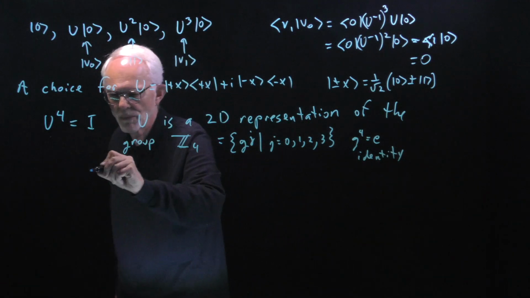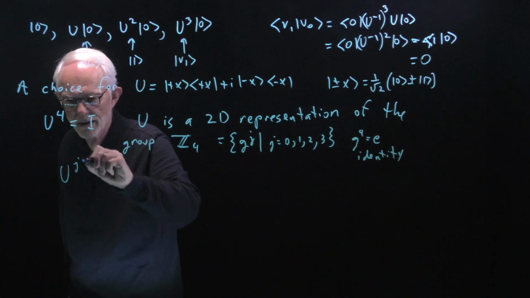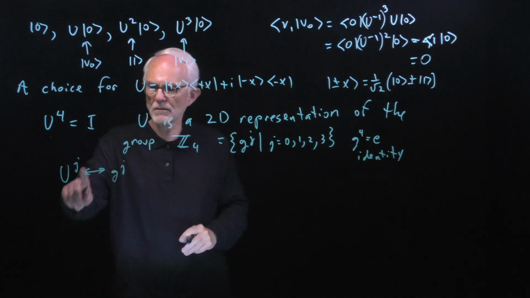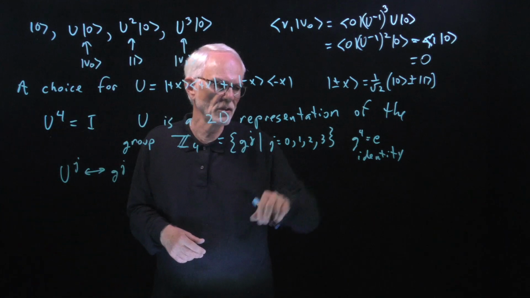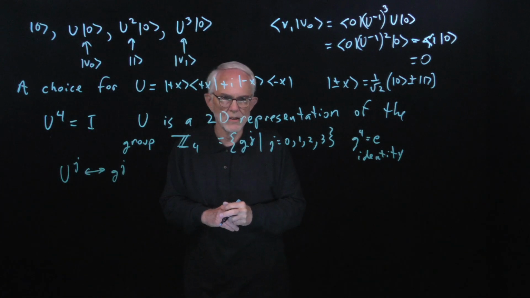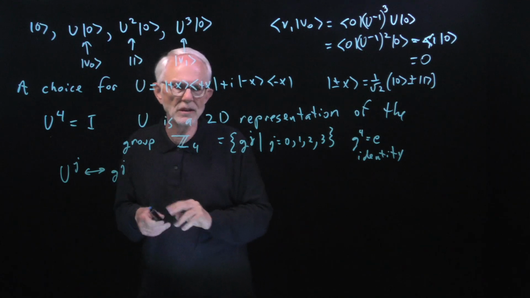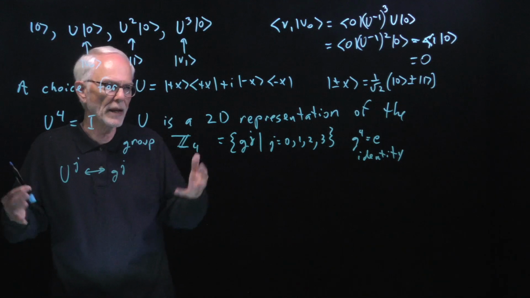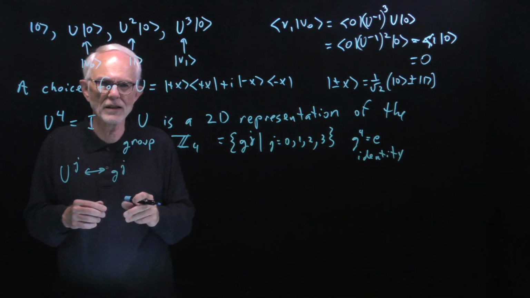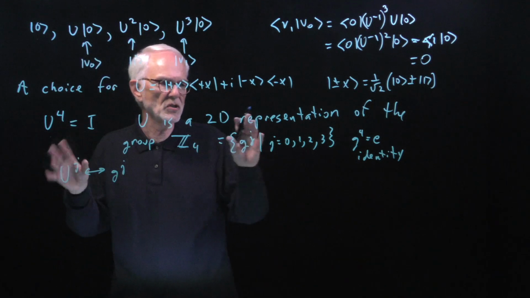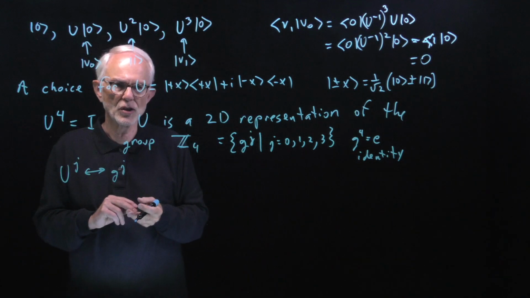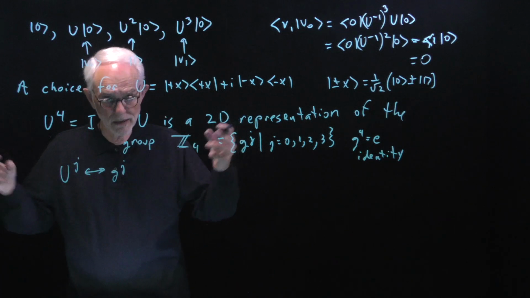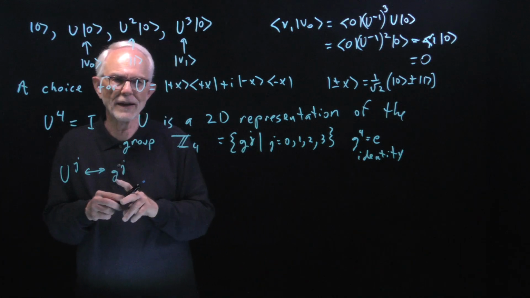The mapping is simply that U to the J corresponds to G to the J. So U to the fourth is the identity, G to the fourth is the group identity. So U is in fact just a two-dimensional representation of the group Z4. This can be used to build up bigger Bell inequalities than the ones that we're actually going to do, but we're going to stick with this simple one just to show how the machinery works. If you want to find out how to build bigger Bell inequalities, there will be some references provided at the end.